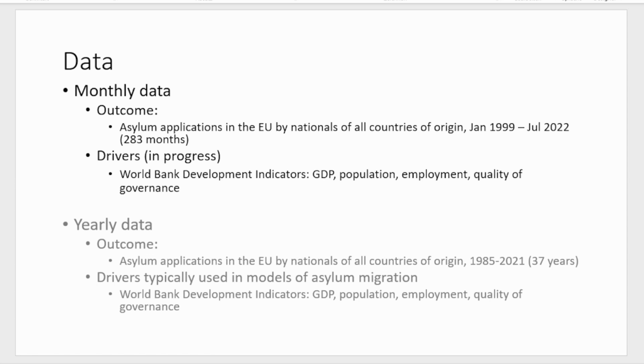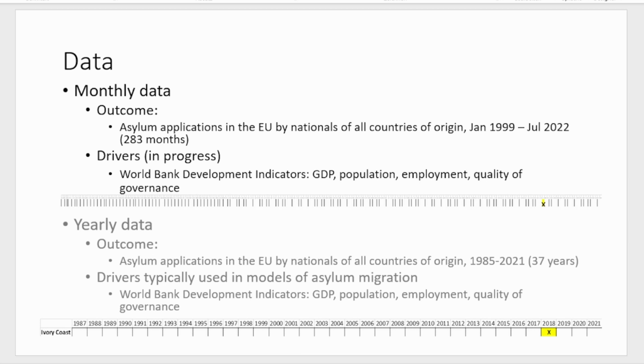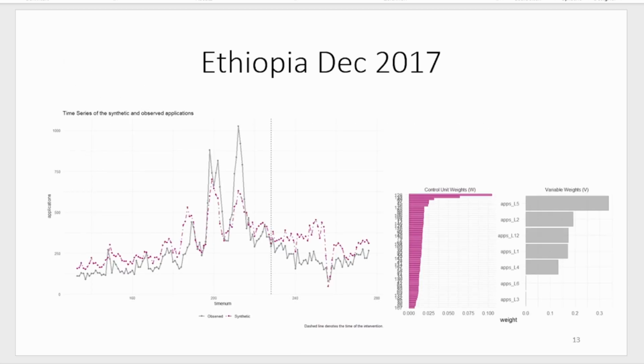So you may assume that here the effect was one of reducing the flow of asylum applicants. Here, by the way, it estimates the synthetic replica in a completely different way. You have a much higher number of countries which are needed by the algorithm to estimate synthetic Ethiopia. Maybe that's also why it doesn't match that well. And variable weights also work a different way.